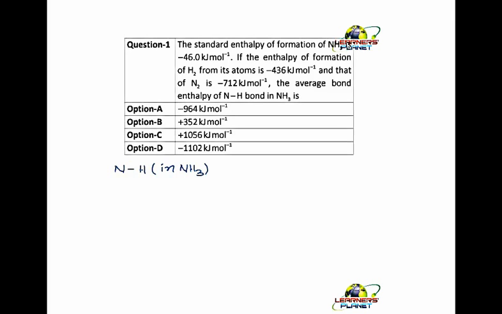Now, we know the standard enthalpy of formation of ammonia. For the formation of ammonia, what all other things are required? First is the breaking up of the hydrogen bond, that is the bond between two hydrogen atoms, and also the breaking up of the bond between two nitrogen atoms in the nitrogen molecule.